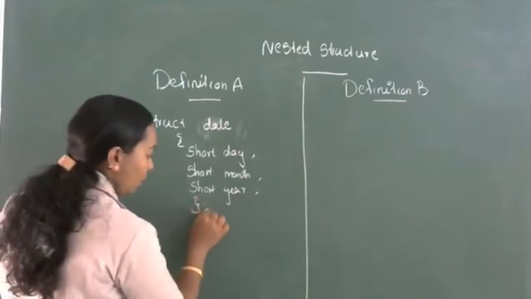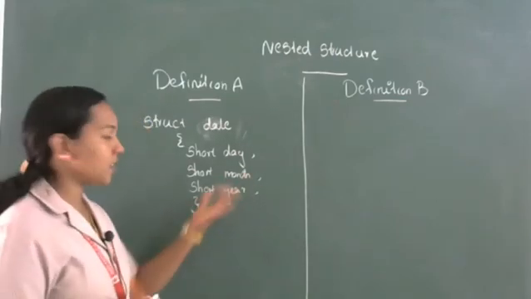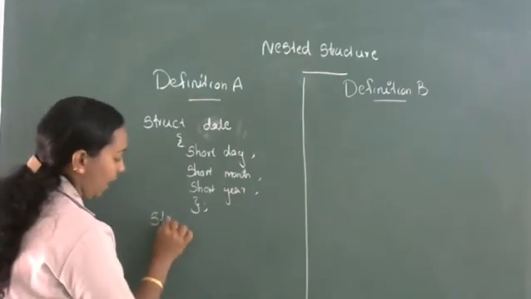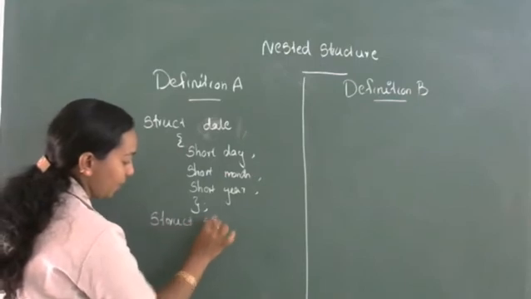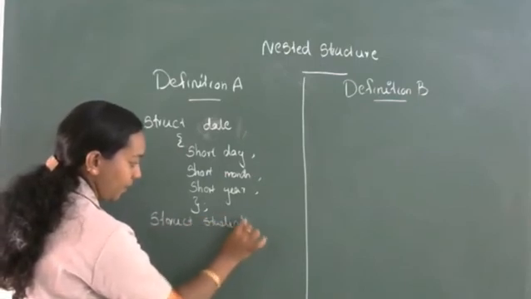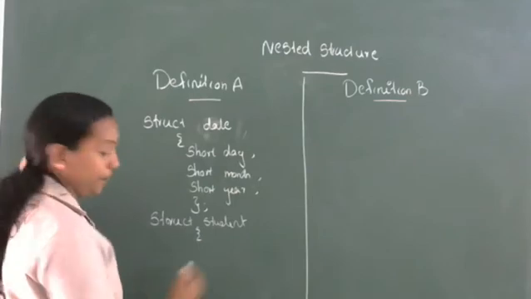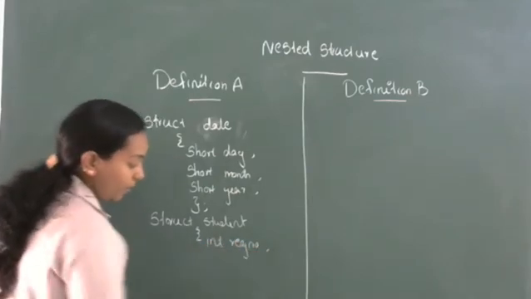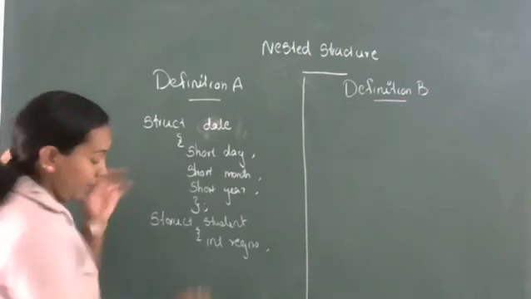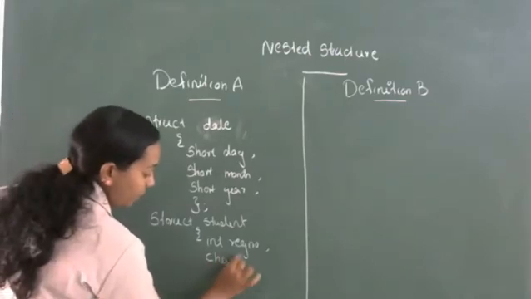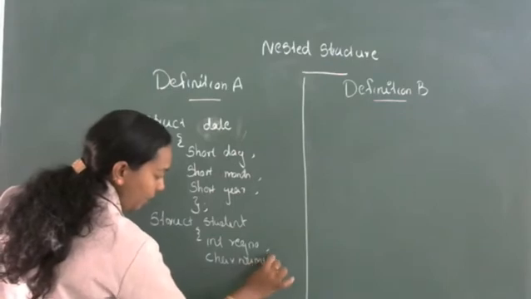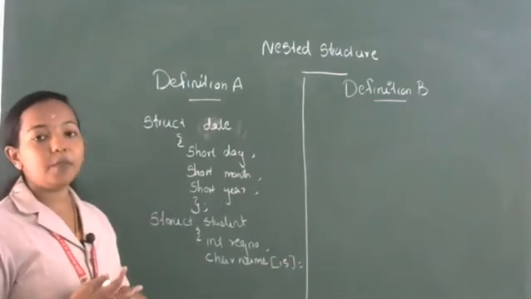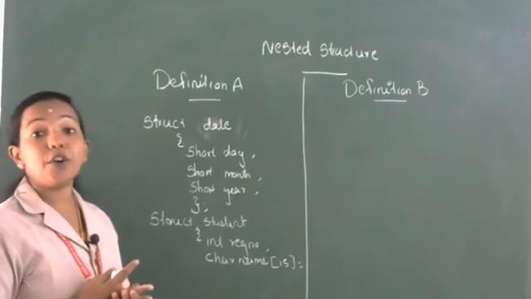After that, close the first structure. Then the structure I am including in the student structure. One more structure I am using: struct student. The first field will be int register number, the register number of the student, then char name of the student, name of 15. After that I include the date of birth of a student.